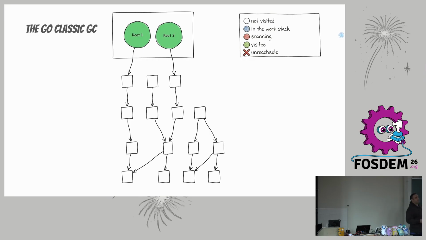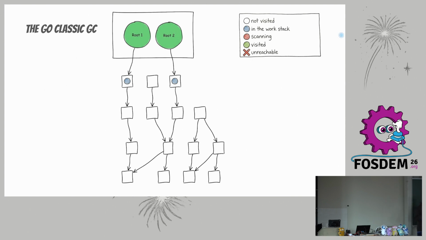For example, imagine that we have two live root objects and they have two pointers. So it's going to say, I have two objects here that I have to scan. Because I need to scan those objects, and there can be many, I'm going to accumulate them in a work stack. It's important to understand that it's a stack because it's last in, first out, and that gives the mark phase of the garbage collector certain properties.